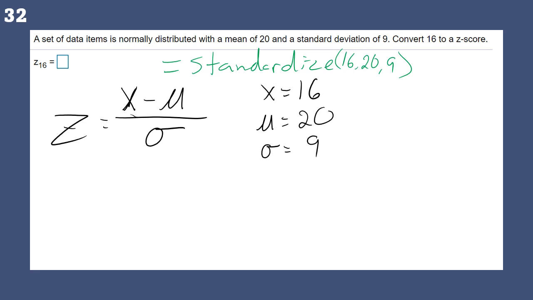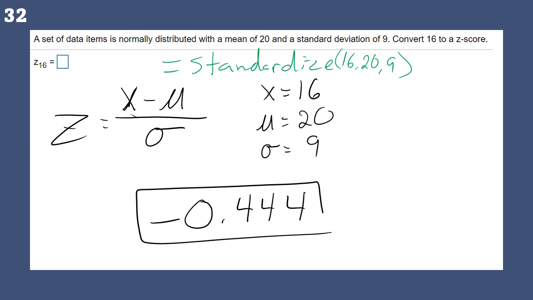So we're just going to type those in and see what we get. I'm going to type it in my calculator here. I get 16 minus 20, and then on the bottom, I'm going to put 9. And I got a z-score of negative 0.44, repeating. So I'm going to leave it just like that.